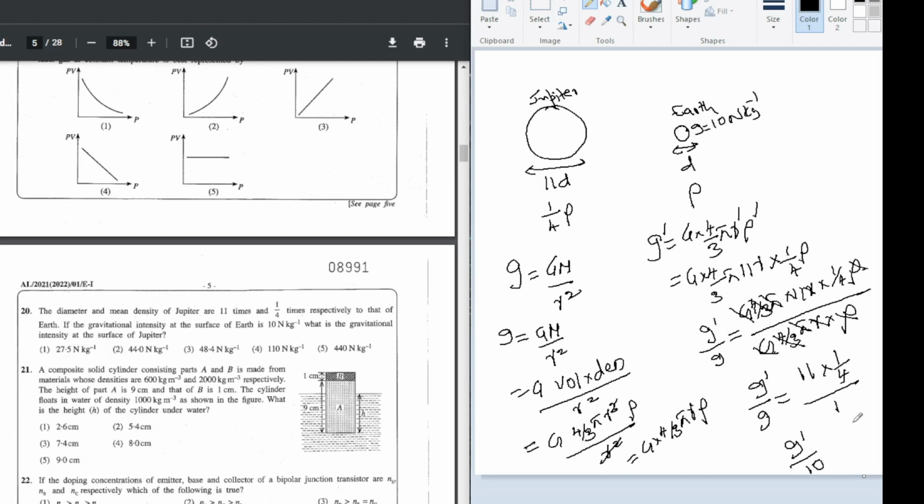So g dash over 10 equals 11 over 4. Then we have g dash equals 110 over 4. Answer is 27.5. Answer 1.